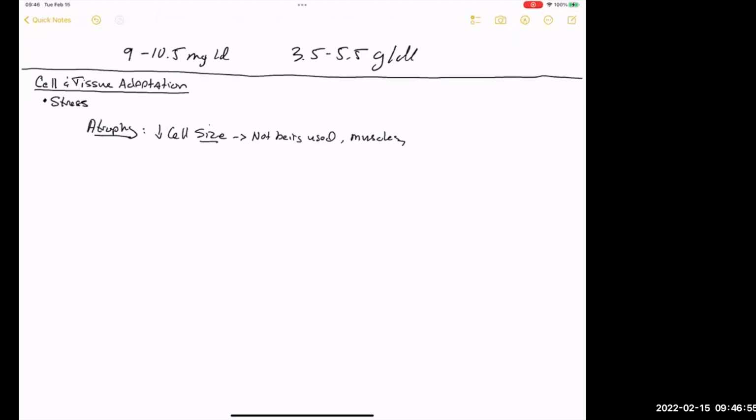We can also see this in the nervous system, for example the brain. With normal age, the brain will shrink a little bit, and certain pathological conditions can cause atrophy as well. Certain neuromuscular disorders where the nervous system cannot cause muscular contraction, you can see lots of atrophy.